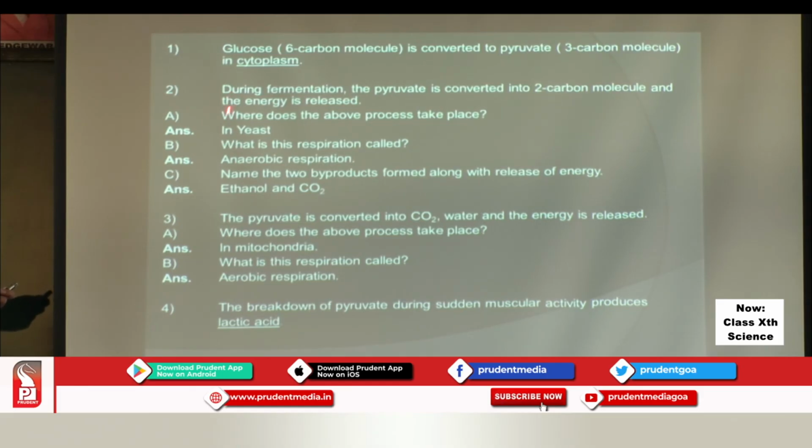The second question is this statement: during fermentation the pyruvate is converted into a 2-carbon molecule and energy is released. Where does the above process take place? In yeast. What is this respiration called? Anaerobic respiration. Name the 2 byproducts formed along with the release of energy: ethanol and carbon dioxide.